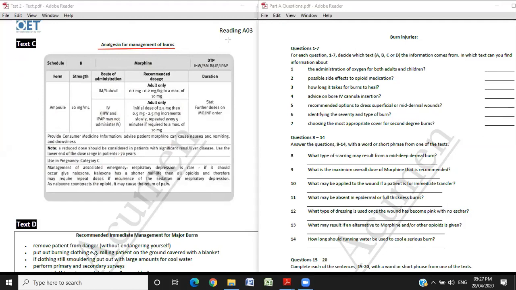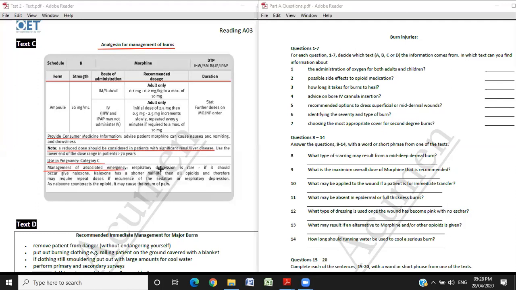It is like the drug book, where you have the details of medication, what information to be provided, what kind of precautions are to be taken, whether it can be used in pregnancy or not, and how to manage side effects.